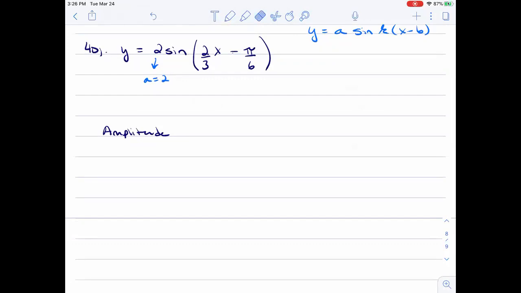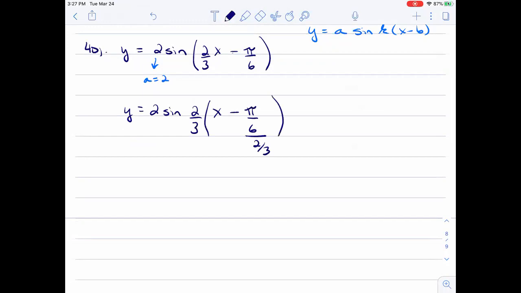So I guess I'll delete this. It's premature. I have to rewrite this as y is 2 sine 2 over 3 x minus, and then I have to do pi over 6 divided by 2 over 3, because I have to divide out that 2 over 3.